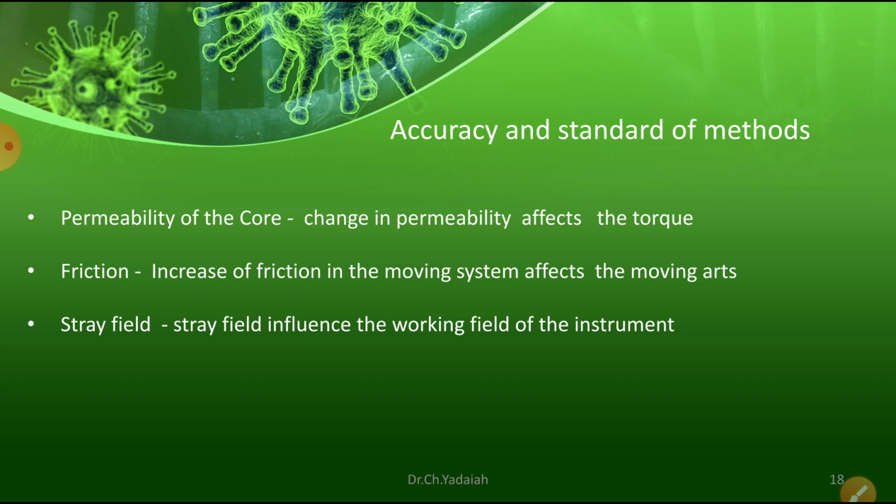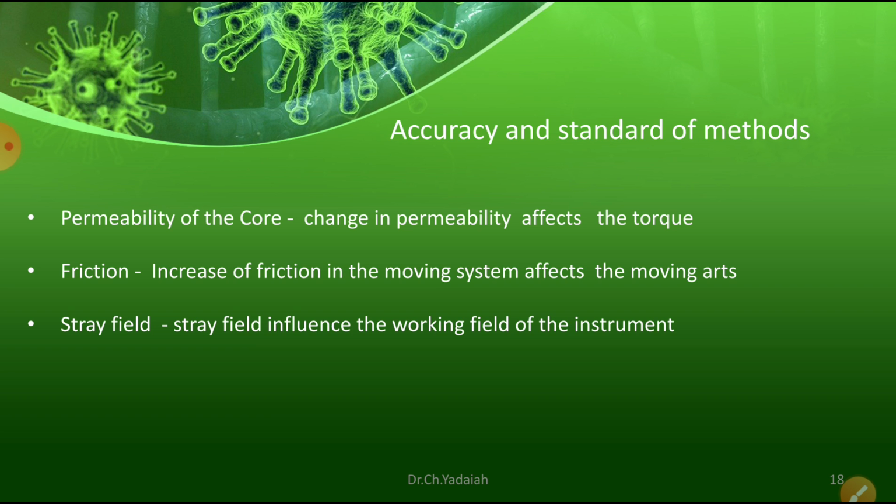Now the last one is another important one, the dynamometer type wattmeters or dynamometer type instruments. What are the common errors? The common errors are these same errors: frequency error, eddy current errors, hysteresis errors, stray magnetic field errors, and the torque to weight ratio, these are the dominating ones.